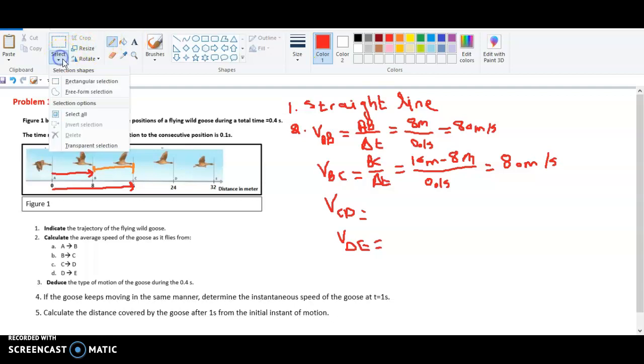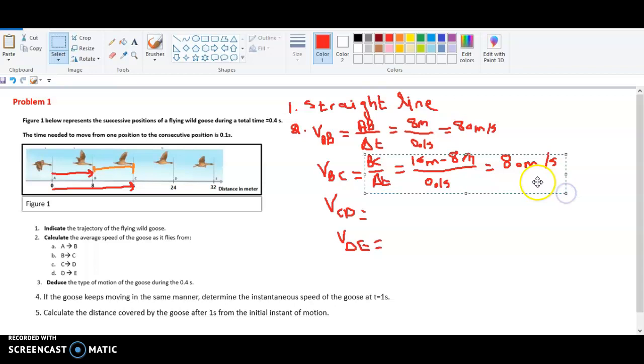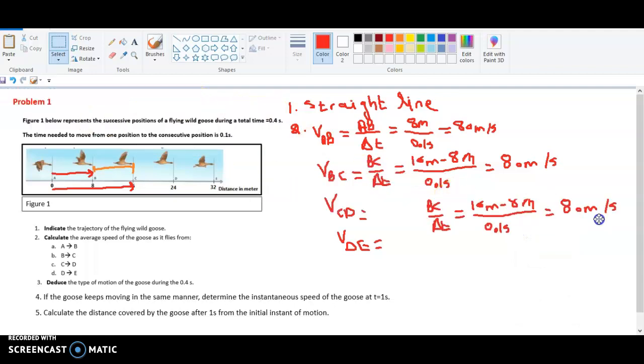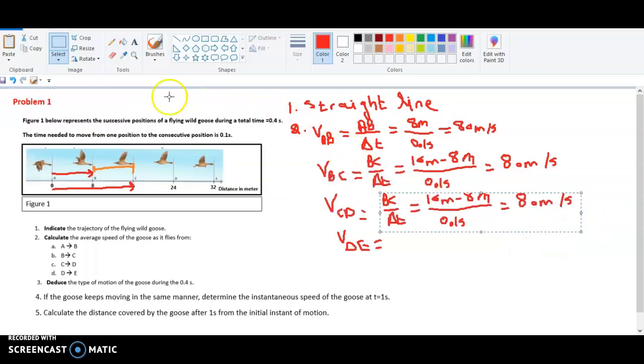Now as for CD, we will have to write 24 minus 16.